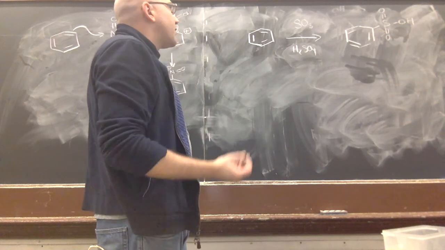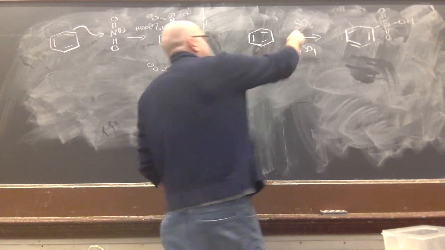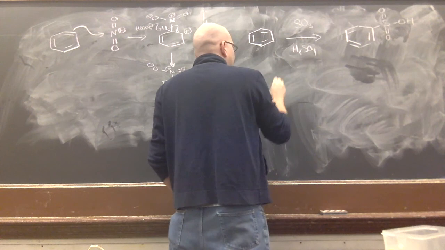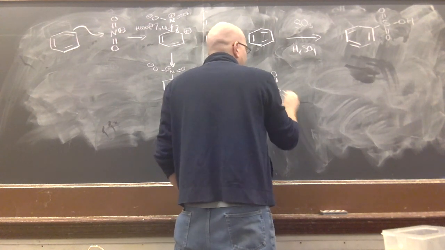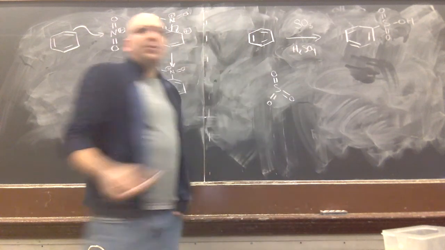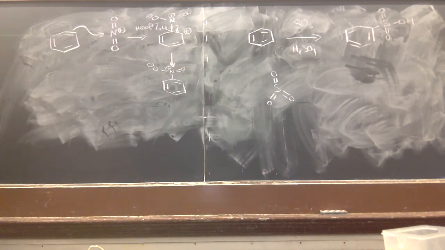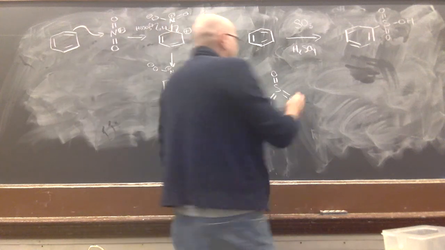Again, the source of where this sulfur is coming from here is ultimately going to be SO3. And so again, it should be fairly obvious here what's happening: the sulfuric acid is now going to activate this system through standard acid-base type chemistry.